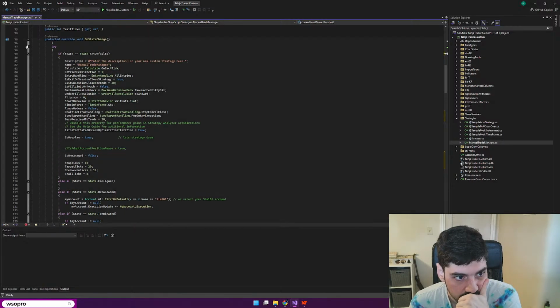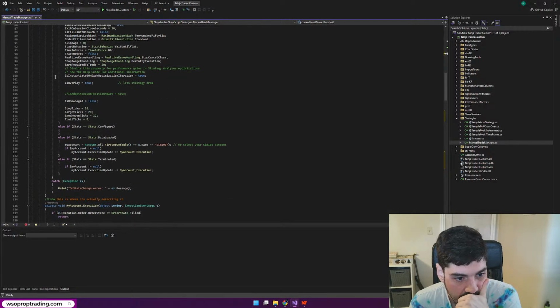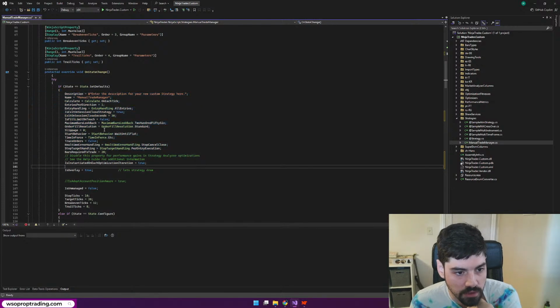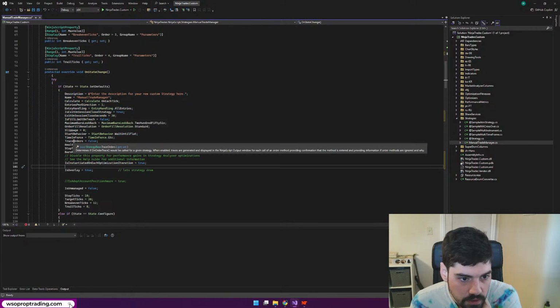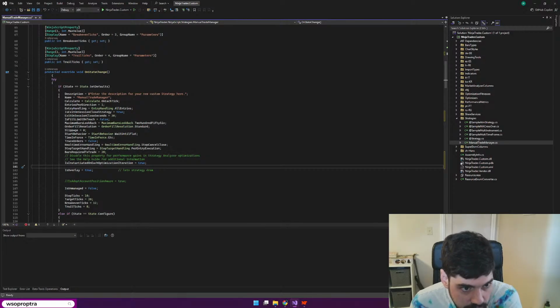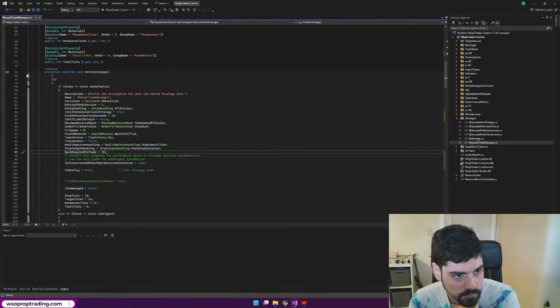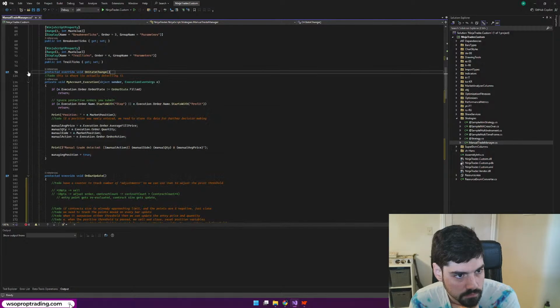On state change, we still have to revisit some of these, make sure the trace orders are right. Like I'm saying, I don't even know what most of this stuff does, so I'm just going to minimize that for now.